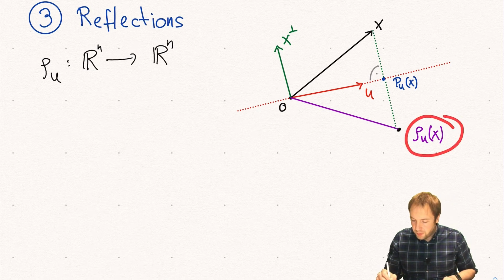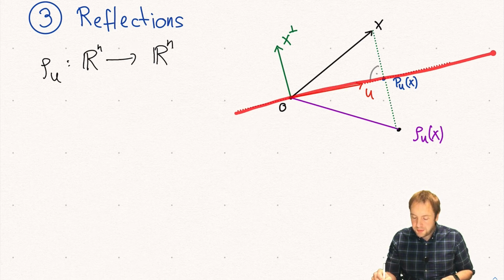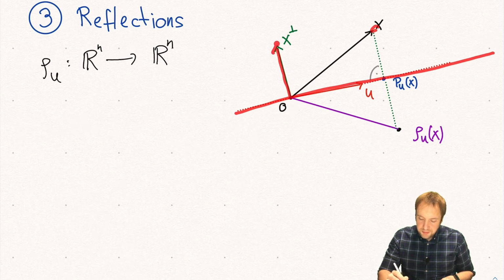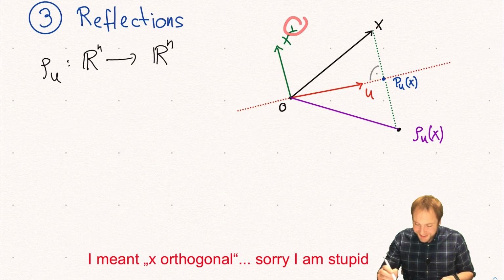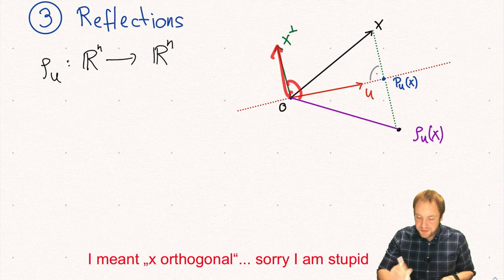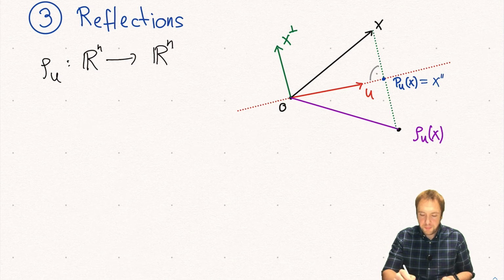And how is rho u of x given? With the same notations as before, we have the line spanned by u here, we have x, and then we have this x orthogonal to u, and here we have the projection of x onto u, which we also called before x parallel.